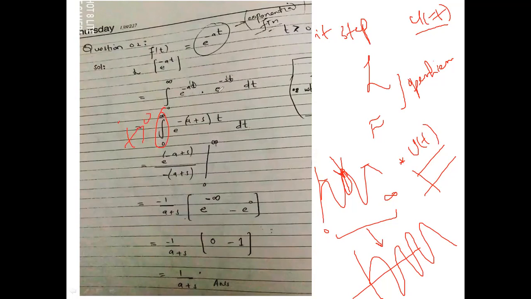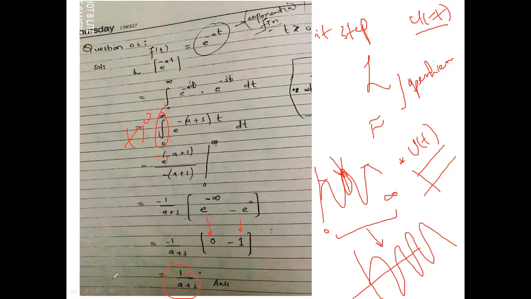The bases are the same, so their powers will be added: e to the power minus (a plus s), taking minus common. Applying the integration, putting the values, e to the power minus infinity is 0, as we discussed in the previous slide. E to the power 0 is equal to 1. So we get minus, minus, plus 1 over a plus s.